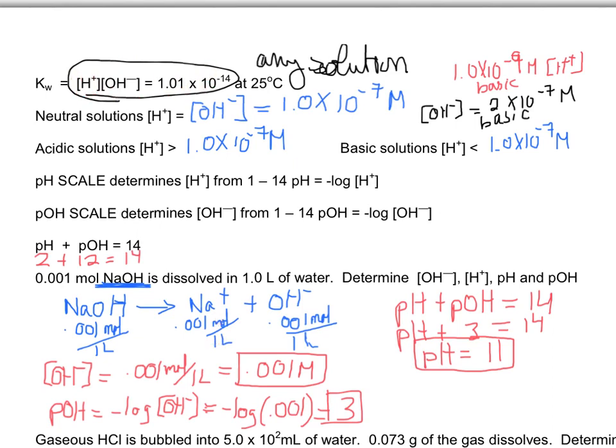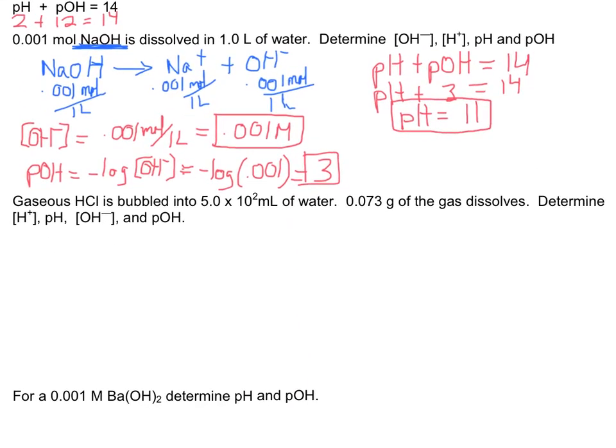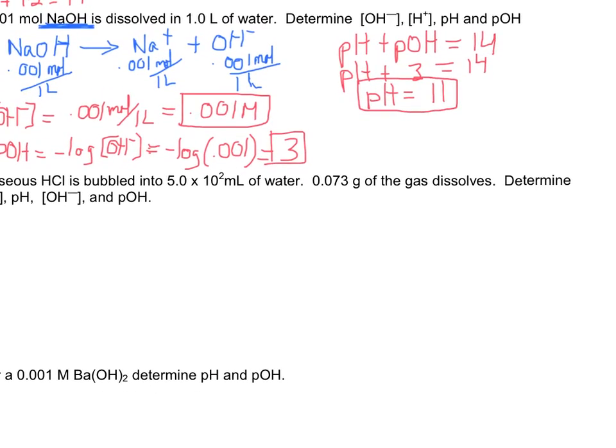Or the other way to do it is you can say pH is equal to negative log of the H plus concentration. And so the inverse of that would be that the H plus concentration is equal to 10 to the negative pH. And so it's 10 to the negative 11 basically, or 1.0 times 10 to the negative 11 molar.